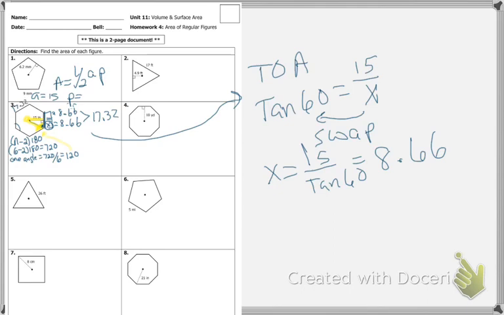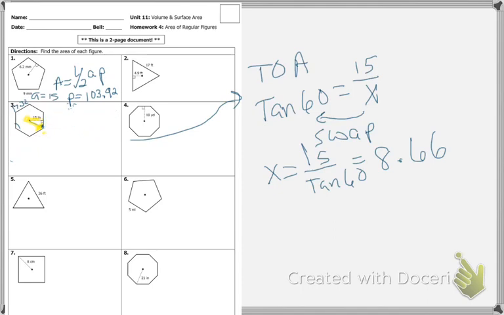If there are 6 of them, 17.32 times 6 is equal to 103.92. That's your perimeter, 103.92. I have everything I need now to solve the rest of this problem.